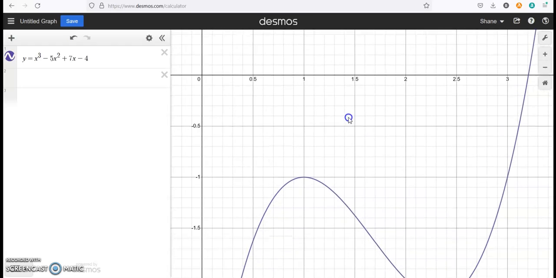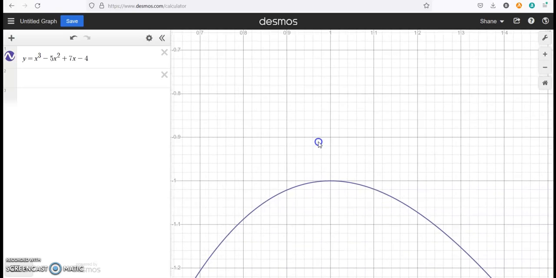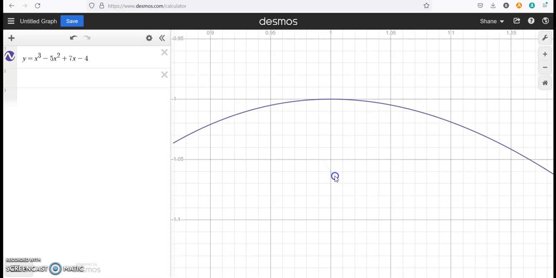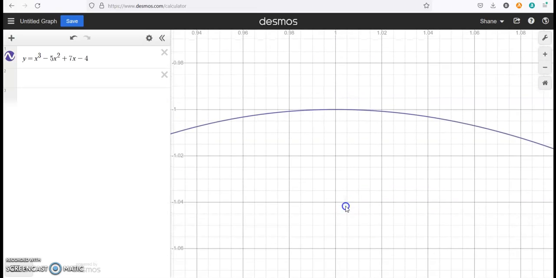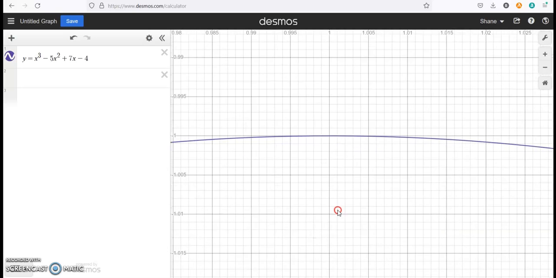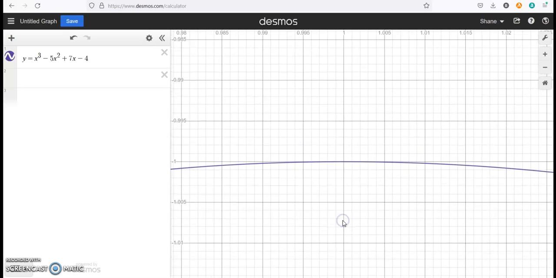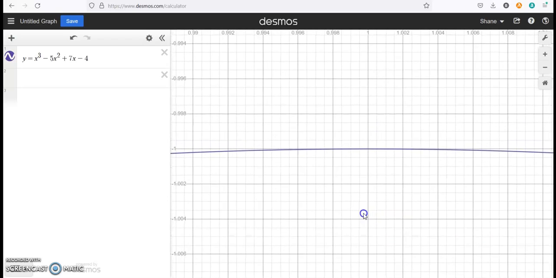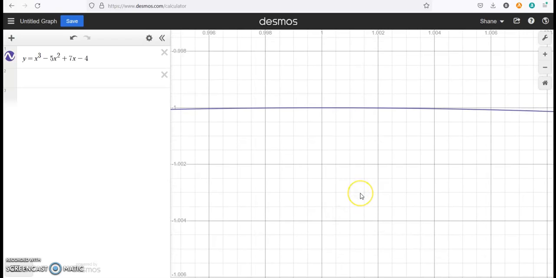Still looks very much like a curve, but as we get closer and closer, it becomes less and less of a curve and starts to look more and more like a line.